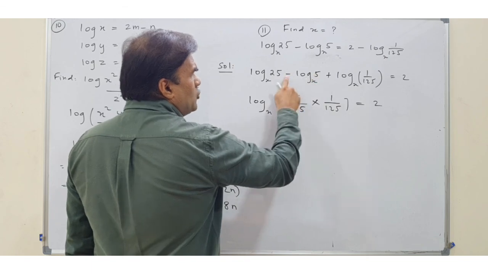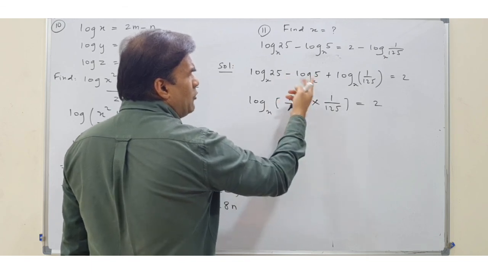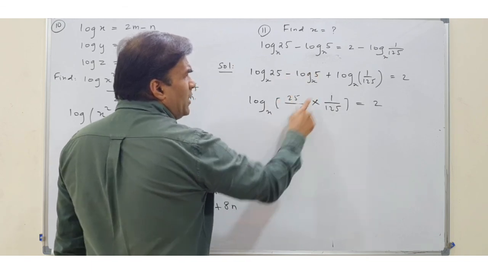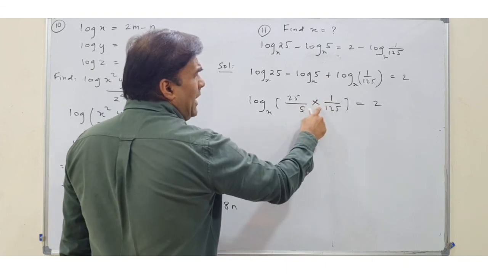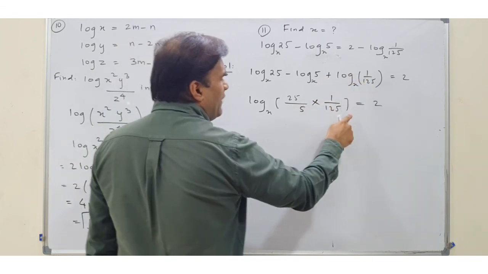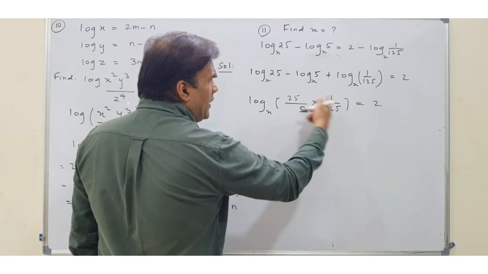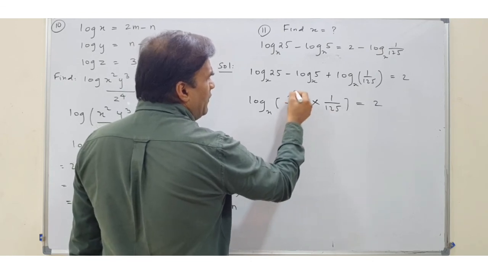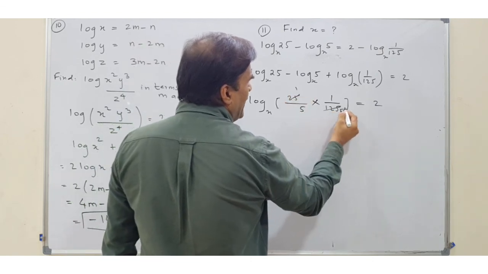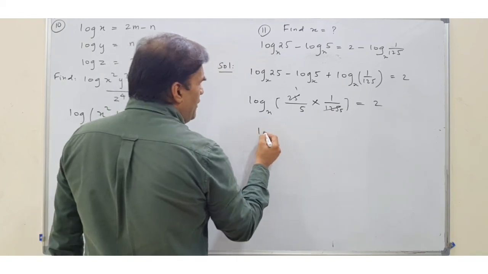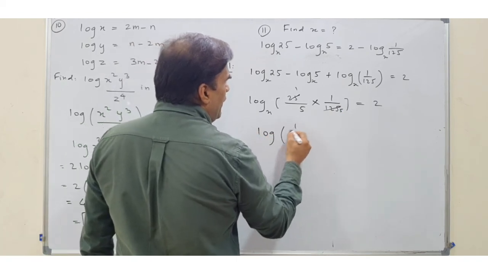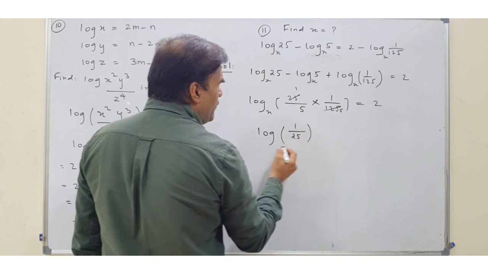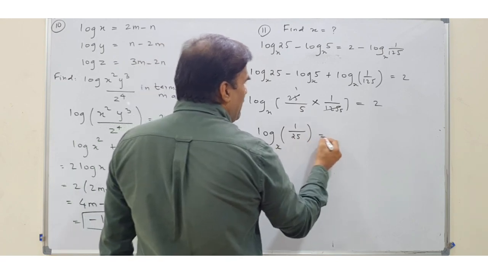Minus means upon, so you have to take this in the denominator. Plus, so again multiply by 1 upon 125. Now, when you carry out this calculation, 25 ones are 25, 25 fives are 125. So what do you get? Log of 1 upon 25 to the base x equals to 2.